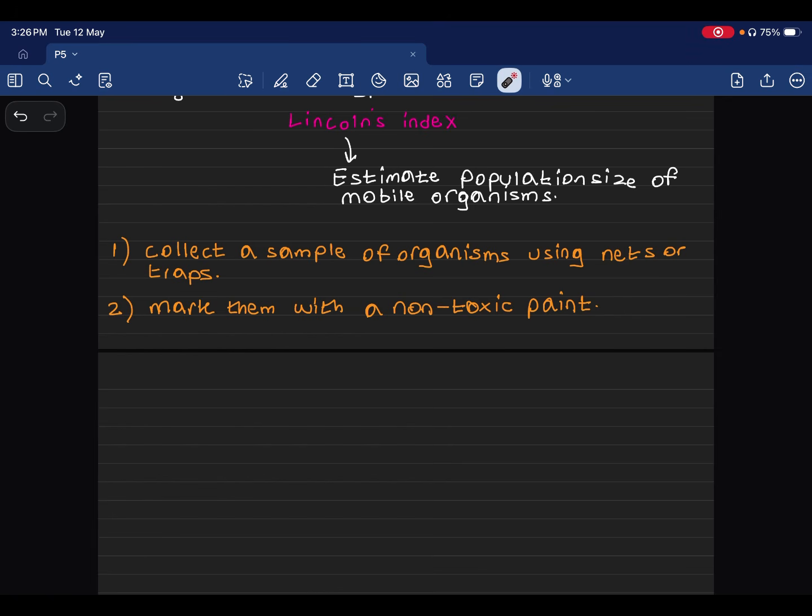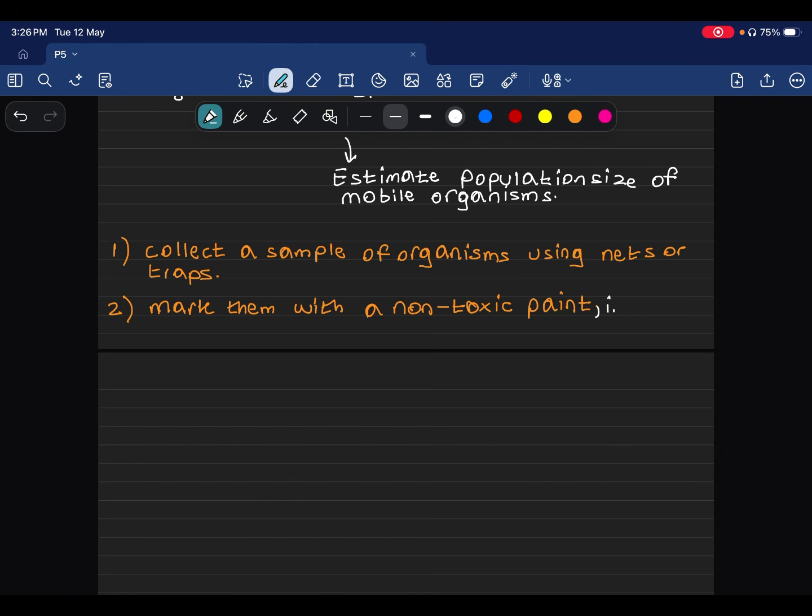So you need to make sure that the paint is so small that it does not make the rat or the mouse or the mobile organism visible. And plus, it should not be really heavy, so that you're basically painting the entire body. No, you do not need to affect their mobility.